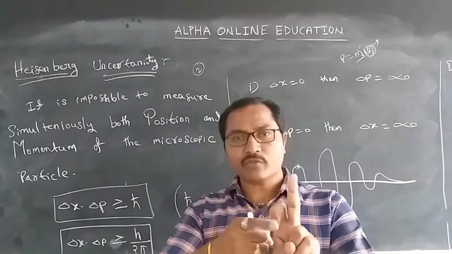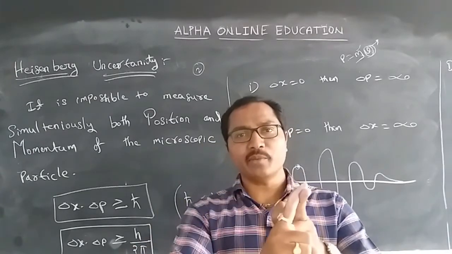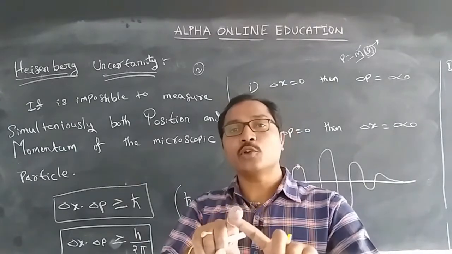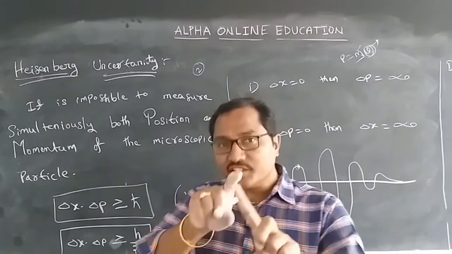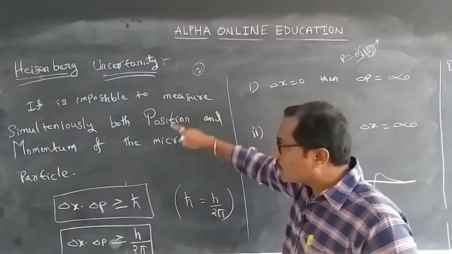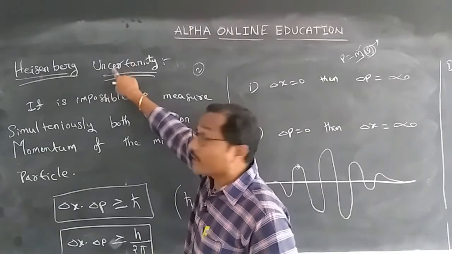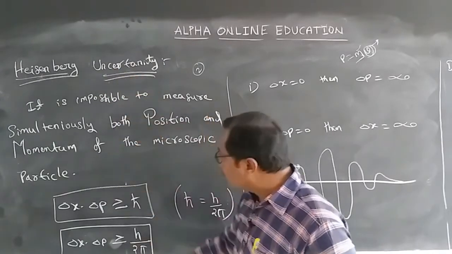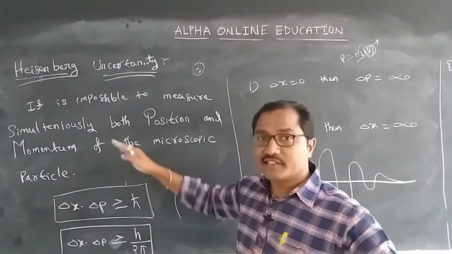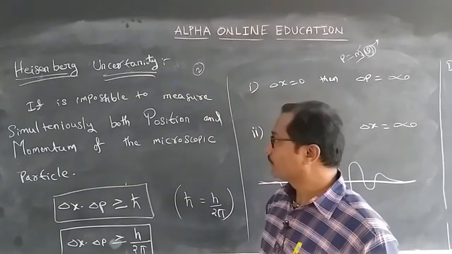If we wanted to find the position, then momentum is going to be missing. If we wanted to find the momentum, then this position is going to be missing. This is explained by Heisenberg. So this is called the Heisenberg uncertainty. There is no certainty between the position as well as the momentum. That's why it is called an uncertainty case.